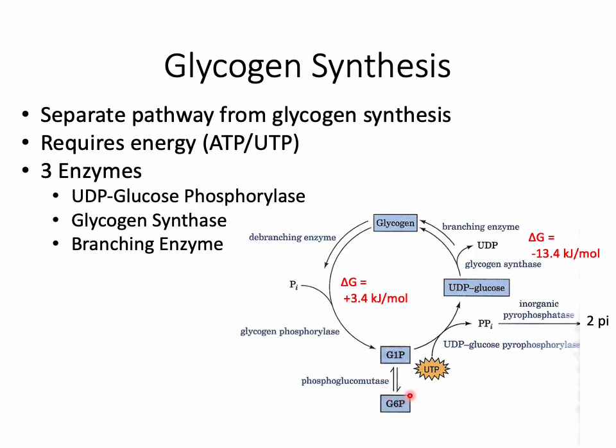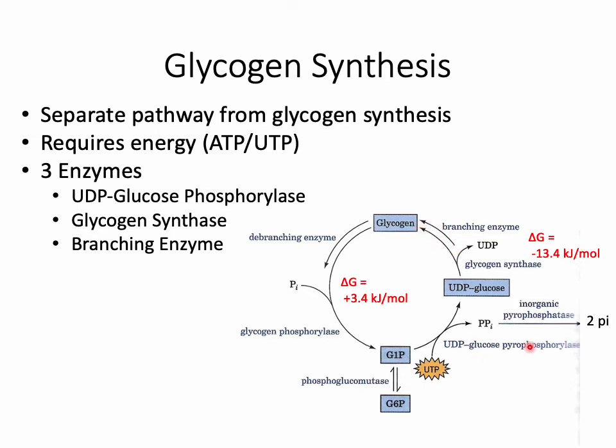The synthesis of glycogen happens via an entirely separate pathway, kind of mirroring the divide between glycolysis and gluconeogenesis. So to synthesize glycogen, we start off with a glucose 1,6-phosphate. We convert to glucose 1-phosphate. We then have a series of 3 different enzymes to convert our glucose 1-phosphate back towards glycogen.